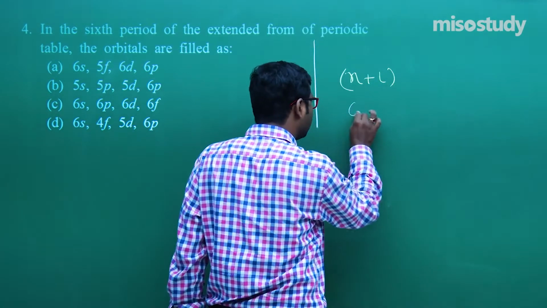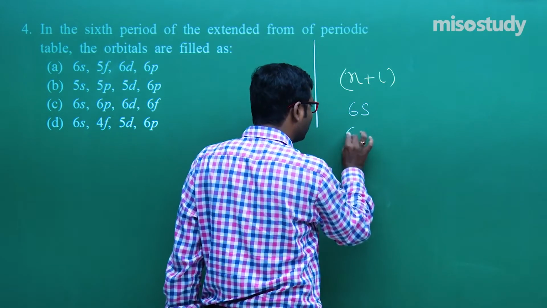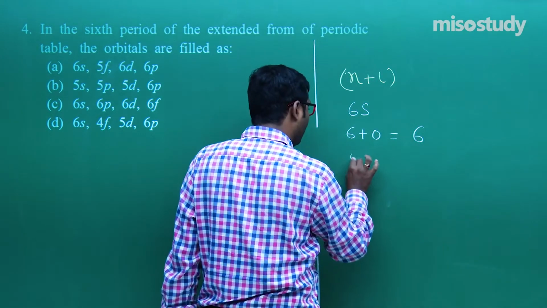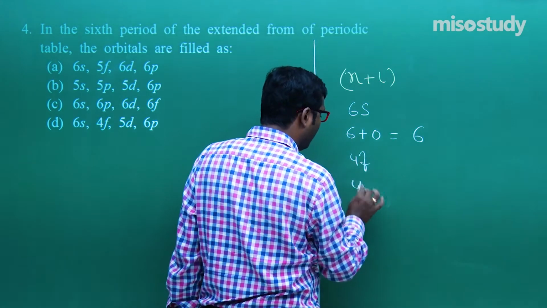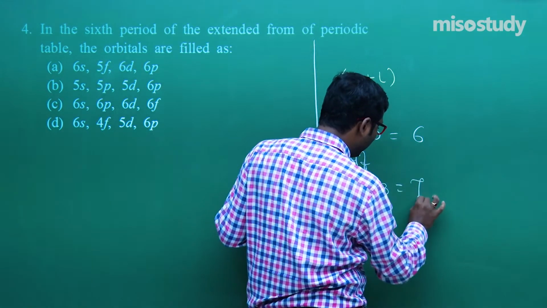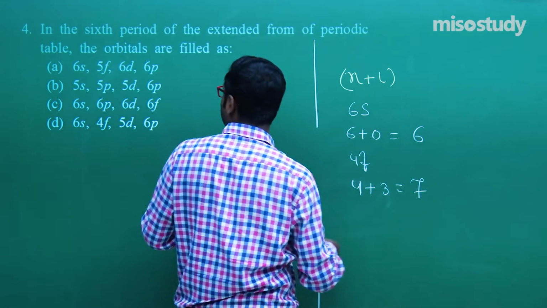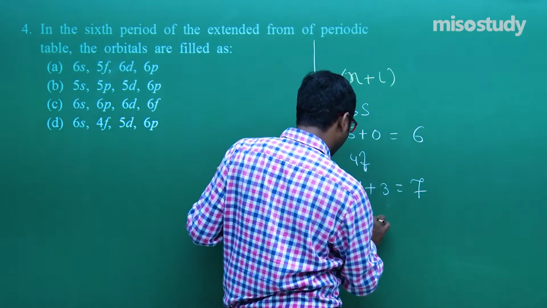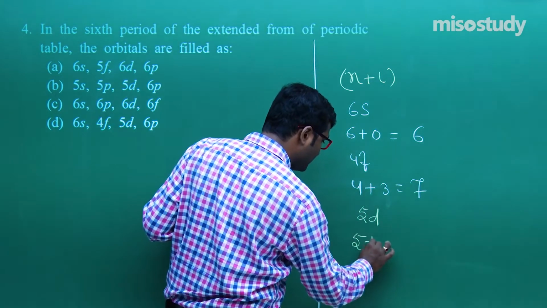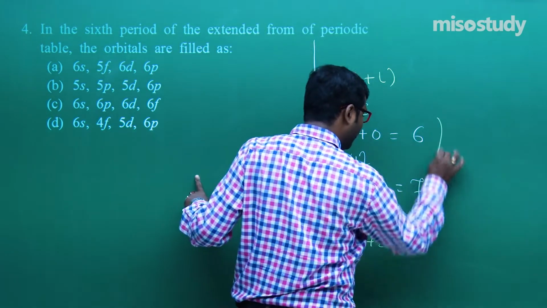For 6s, tell me what is the value of n plus l? 6 plus 0, that is 6. Now for 4f, what is the value? 4 plus 3, that is 7, definitely. Then there comes 5d. 5 plus 2, that is 7, definitely.